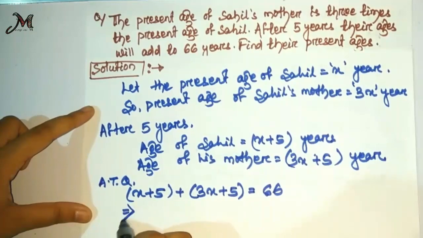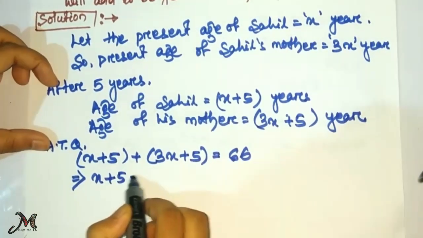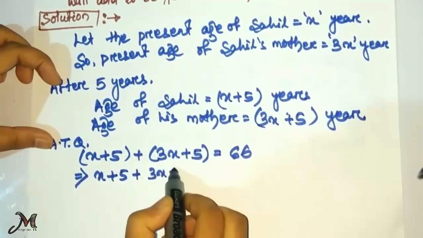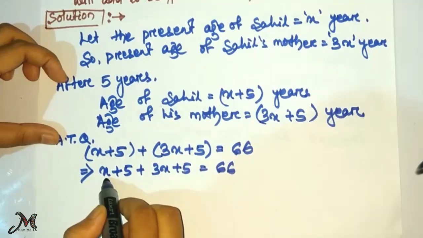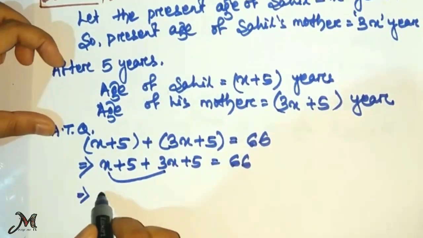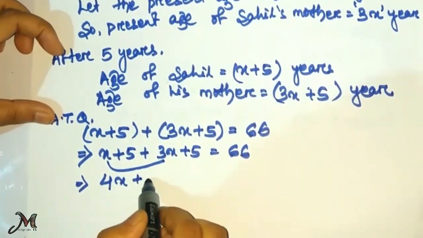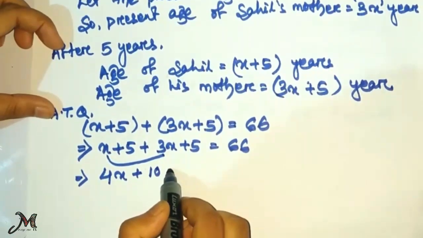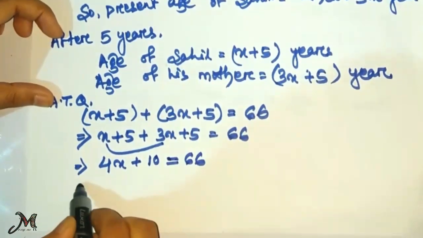Now we'll open the bracket. x plus 5 plus 3x plus 5 is equal to 66. Now we just arrange the like terms. x plus 3x is equal to 4x, plus 5 plus 5. 5 plus 5 is equal to 10, right? So 4x plus 10 is equal to 66.